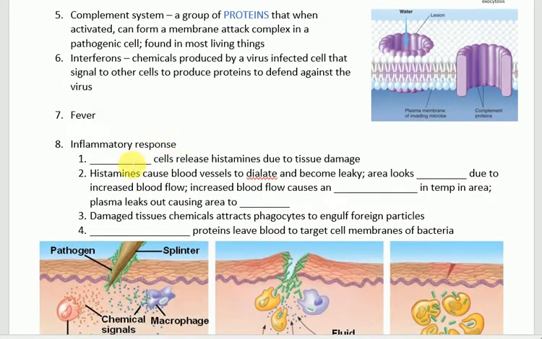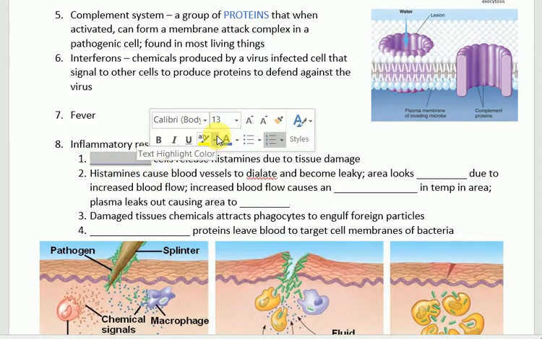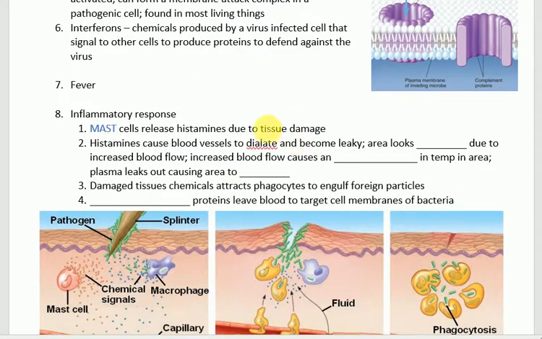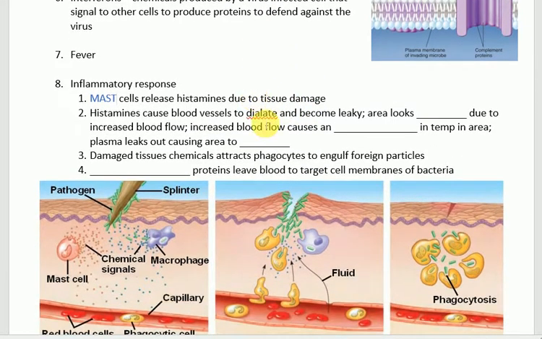And then we have the inflammatory response. And the inflammatory response has mast cells, and they release the histamine due to tissue damage. And histamines are going to cause the blood vessels to dilate and the area around it to become leaky. And it's going to look red due to that increased blood flow.